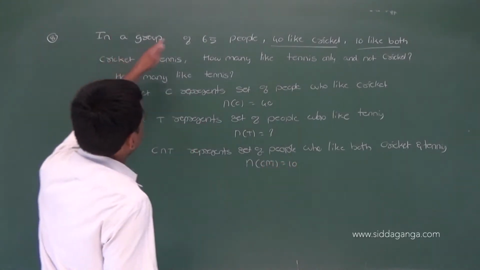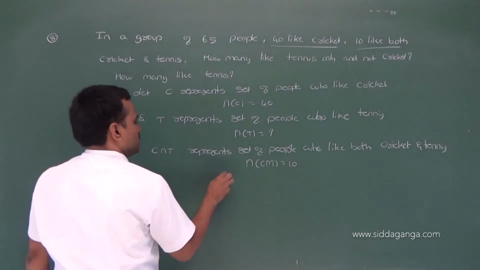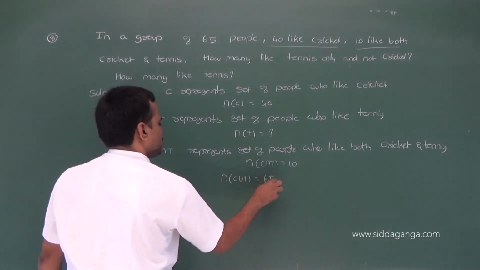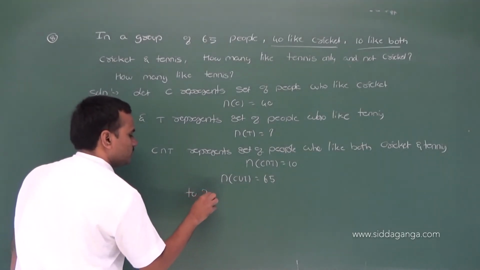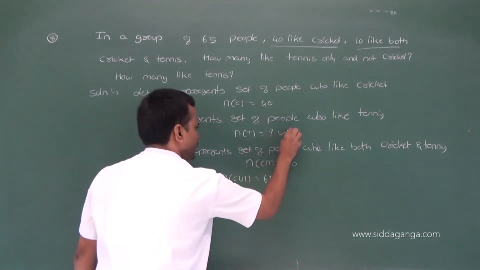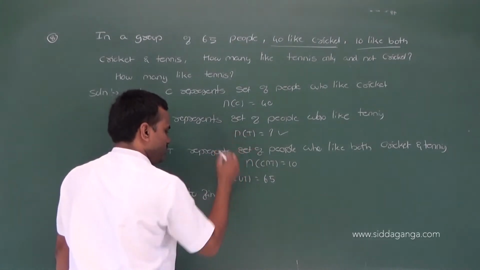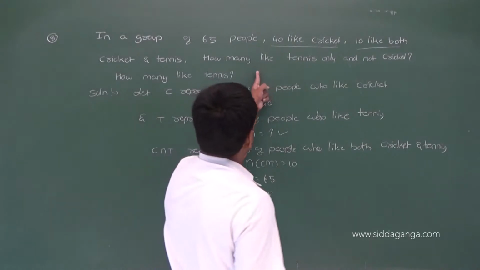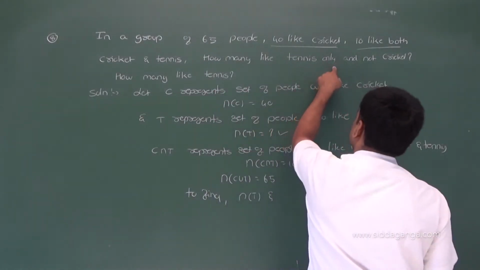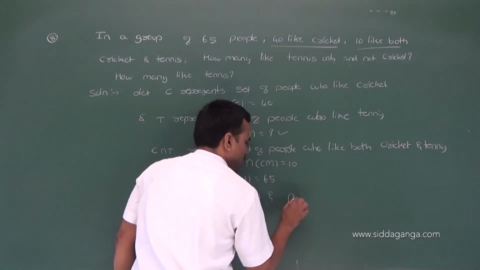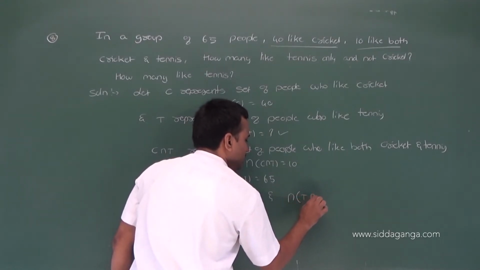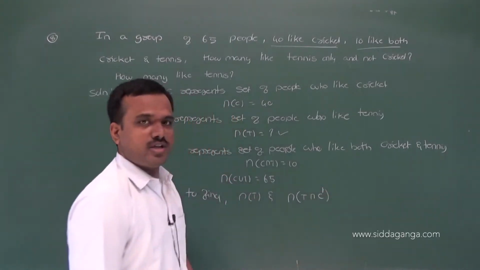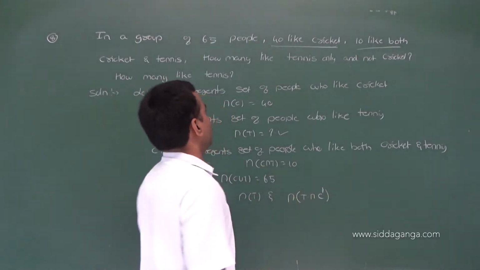One more is given, in a group of 65 people. So n of C union T is equal to 65. To find, first one is already right. To find, I write once again, n of T and one more, set of people who like tennis only and not cricket, n of T intersection C dash.